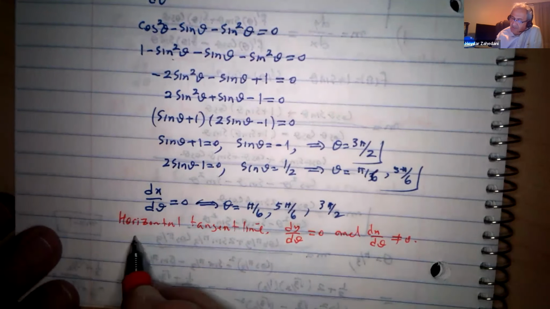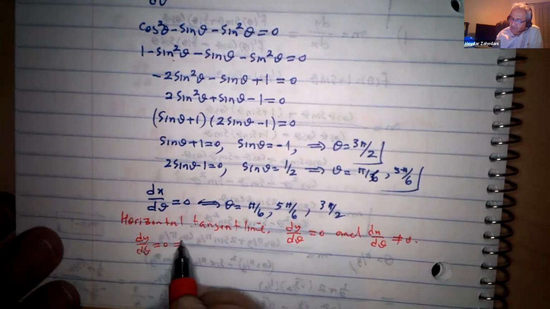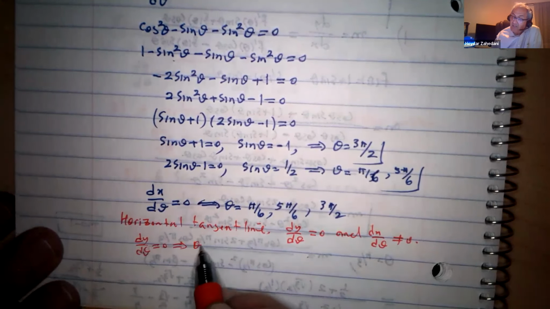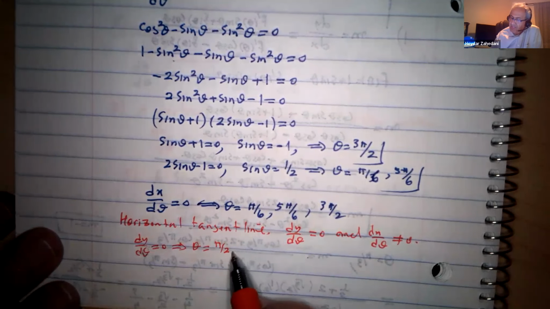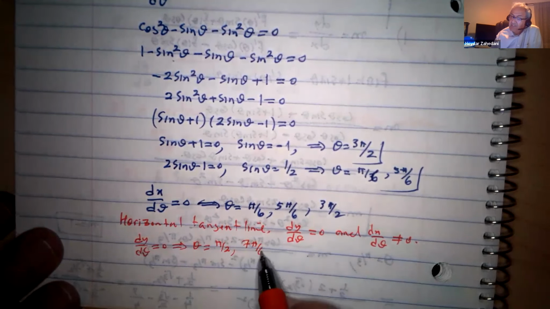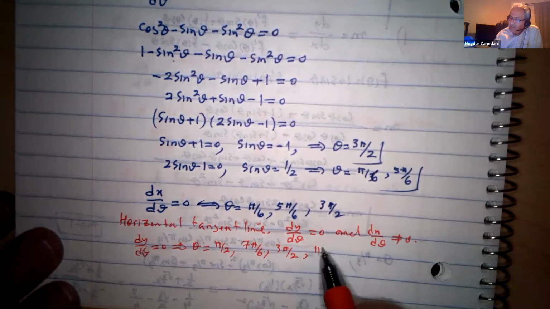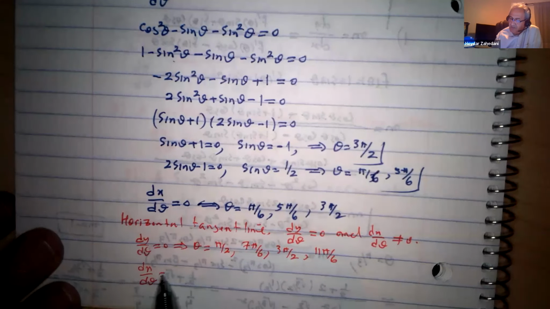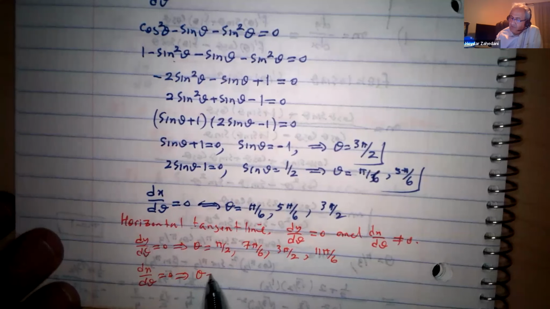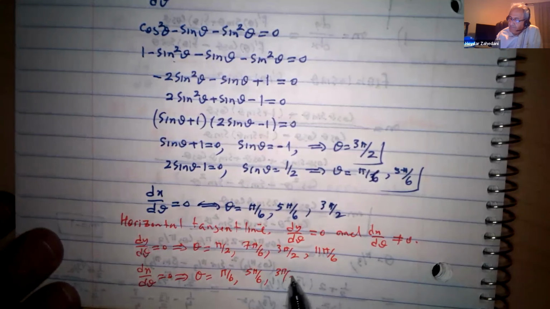You see dy/dθ equal to 0 gives you the fact that θ is equal to π/2, 7π/6, 3π/2, and 11π/6. If dx/dθ is equal to 0, then θ is π/6, 5π/6, and 3π/2.